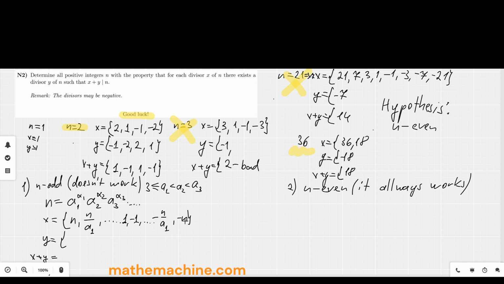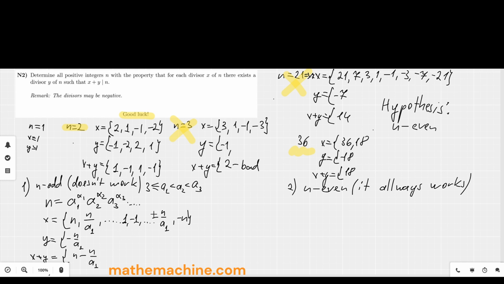We cannot take a negative n because n minus n would be 0. So we take the second one, minus n over a1. And so for x plus y, we get n minus n over a1. This is the smallest number we can possibly get for x plus y.